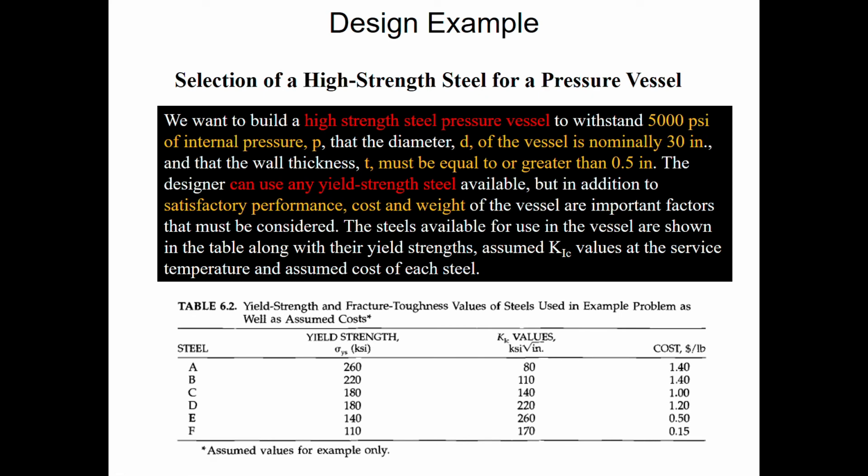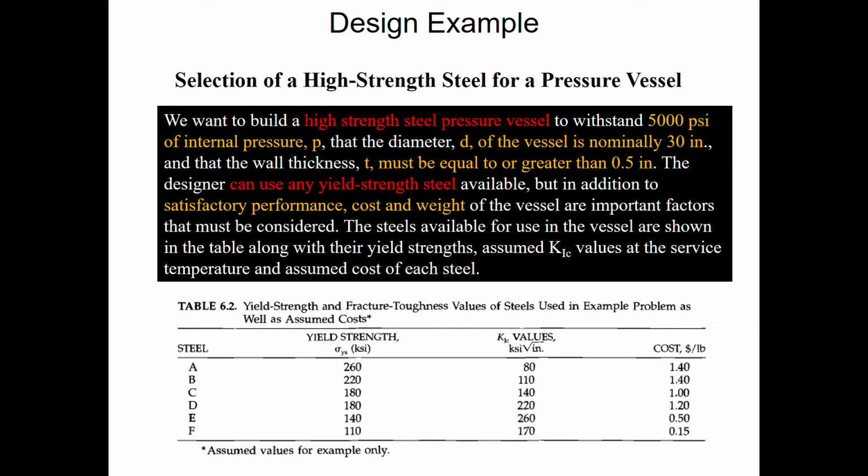Now we're going to check for the example how we apply the fundamentals that we have just covered into the equation. Selection of a high strength steel for a pressure vessel.